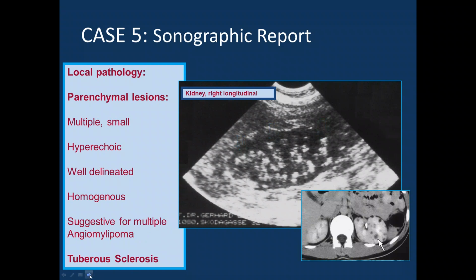In a rare disease, tuberous sclerosis, these people enter the sonographic room with their skin manifestations, with multiple lesions in the skin, and here you see a beautiful CT image of the fat-containing lesions on computed tomography.